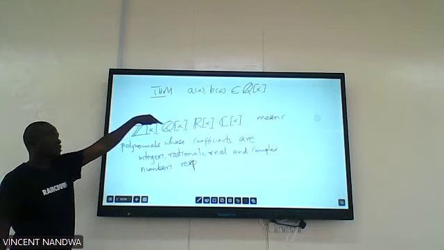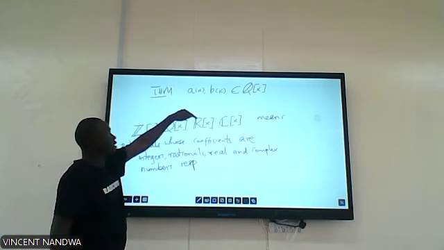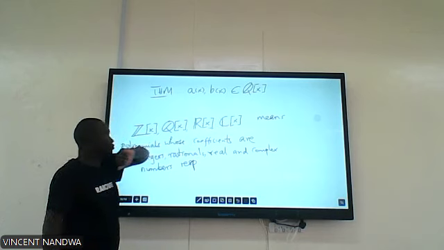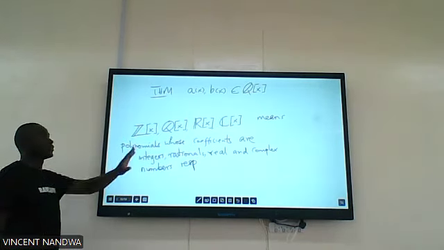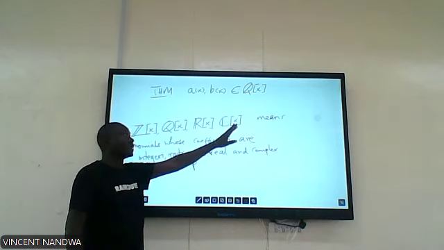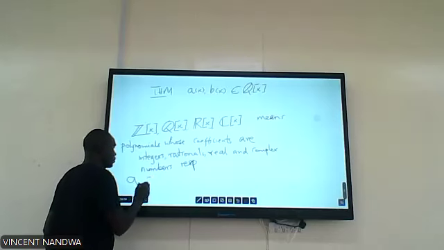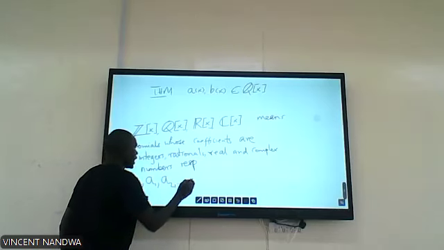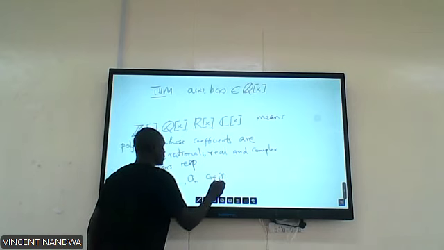This is a polynomial whose coefficients are purely rational numbers, this one real numbers, and this one complex numbers. When we define a polynomial, these values A0, A1, A2, up to AN are what we call the coefficients.